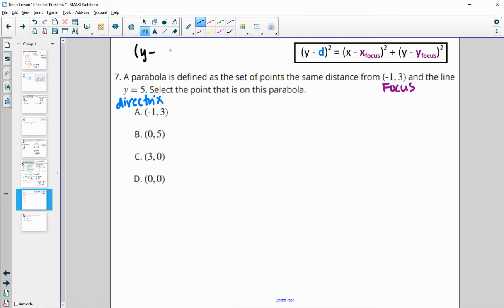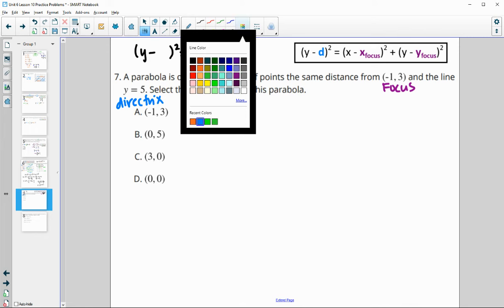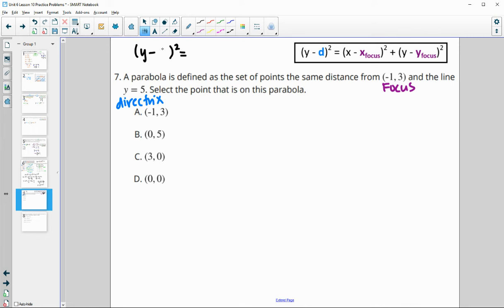So y minus the directrix squared. So that's the distance to the directrix when we subtract the y coordinate and the directrix, should equal the x minus the x of your focus squared plus y minus the y of your focus squared.